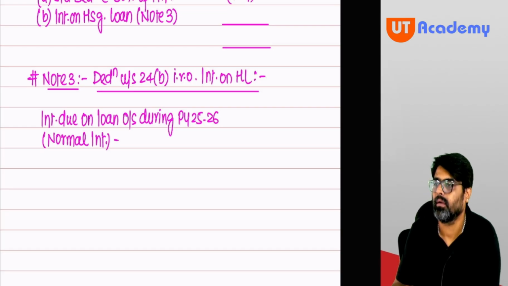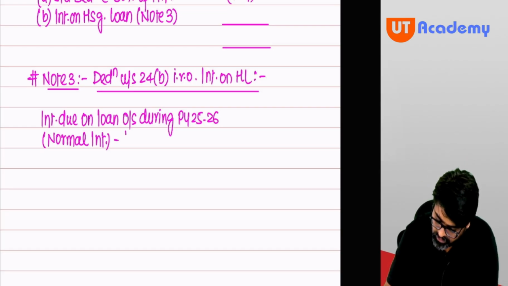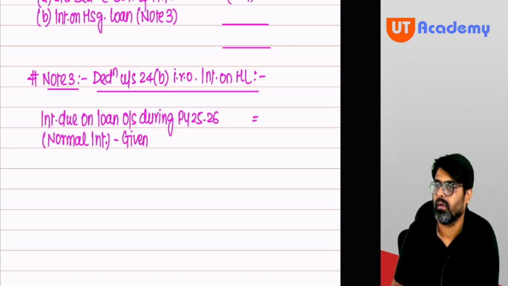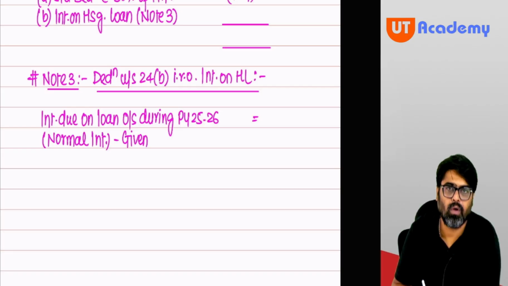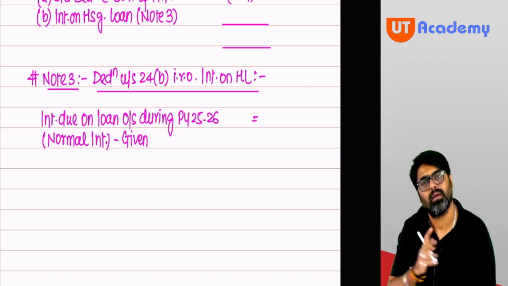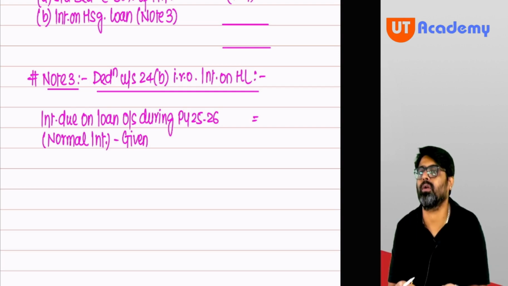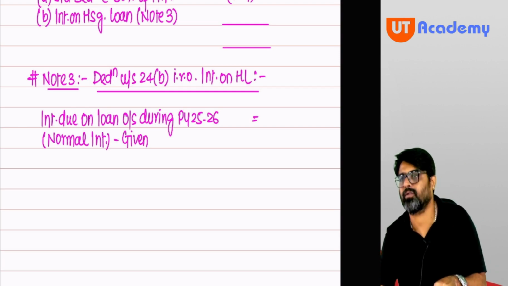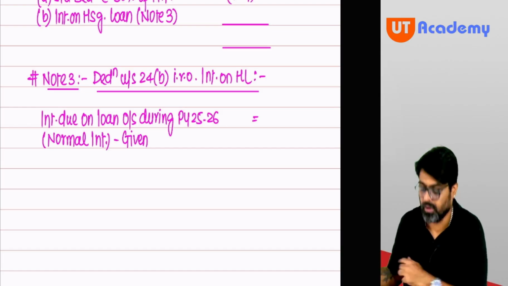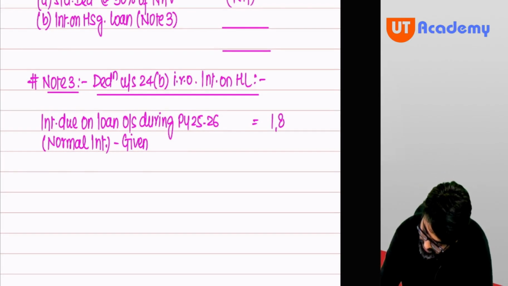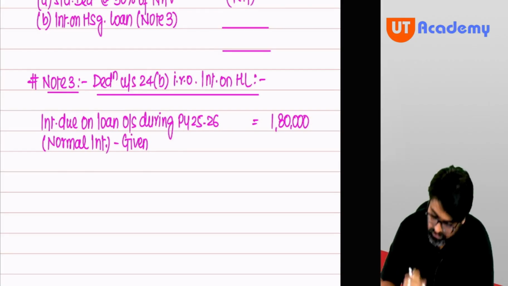They have given. How much? 1,80,000. So write down given. And even if they would not have given, I would have calculated. How come? 20 lakh loan was taken, nothing is repaid. So 20 lakh is outstanding for the full previous year. Yes or no? On 20 lakh, how much percent? 9%. That will be the interest for this year. So how much is that? 1,80,000. This is the normal interest.